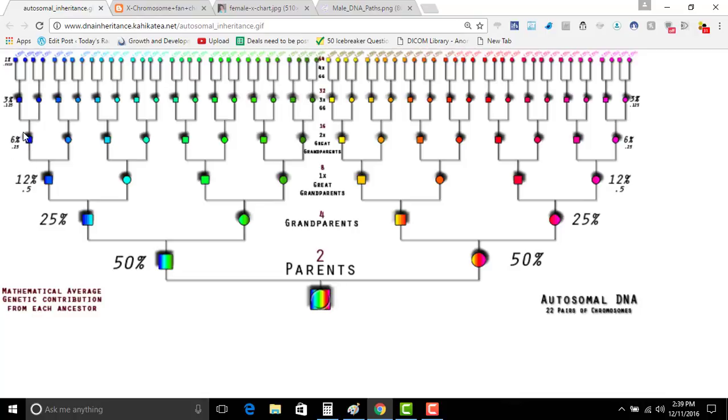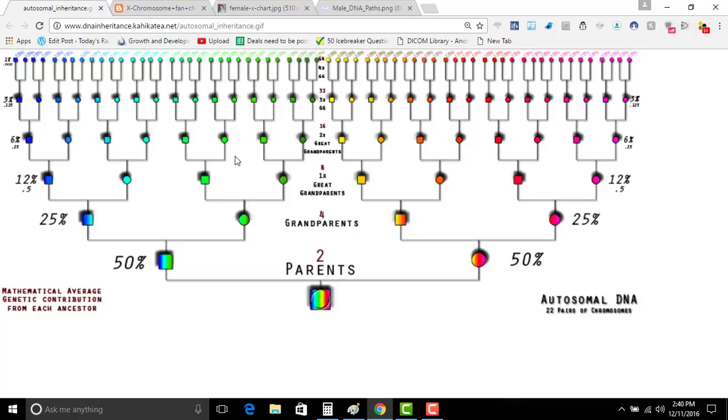So, let's say your paternal second great grandfather is from France, and let's go on and say that your paternal second great grandmother is from France too. So you get that France in there, but then you've got this one, they're from Spain. So this set of second great grandparents are from Spain.